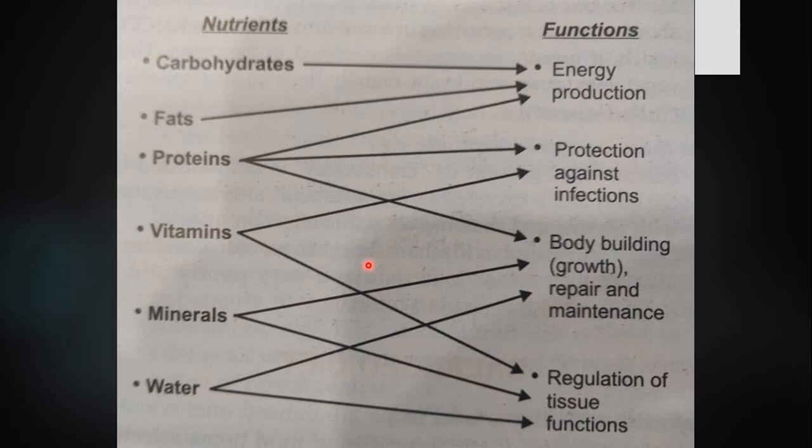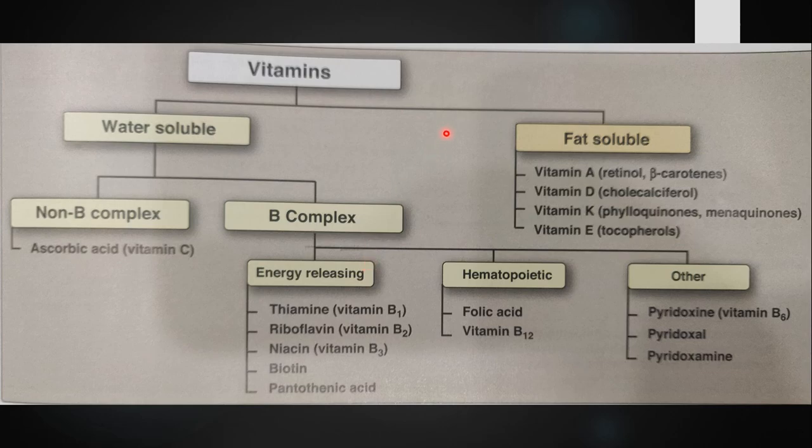After that, let's proceed to the classification of the vitamins. Very interestingly, the vitamins have been classified, and this classification is given on page number 373 of your book, Lippincott Biochemistry. If you open that book, you will find this diagram there.